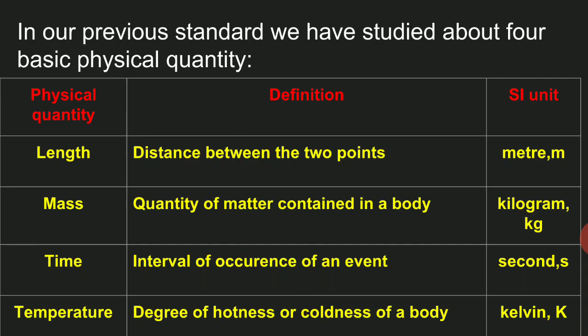Time, it is the interval of occurrence of an event. Unit is second and we denote it by small letter s. Temperature is the degree of hotness or coldness of a body. It has the SI unit of Kelvin, and since it is named after a scientist, we abbreviate it with the capital letter K.